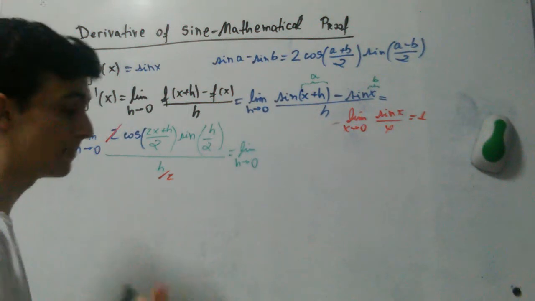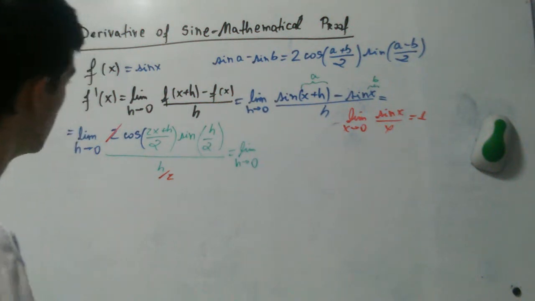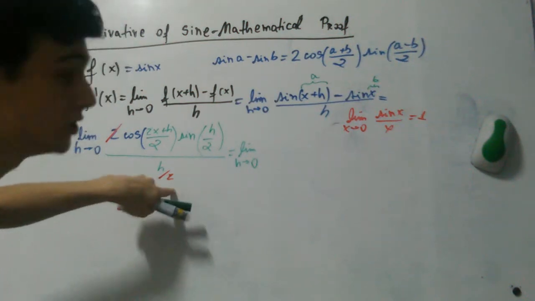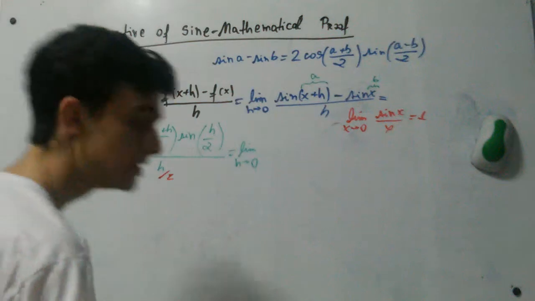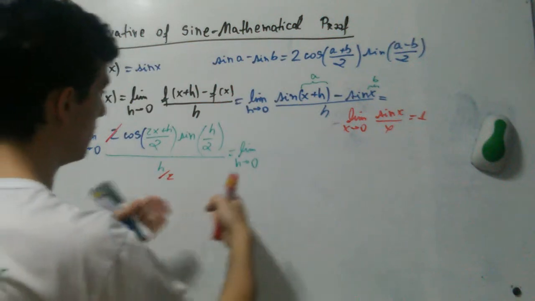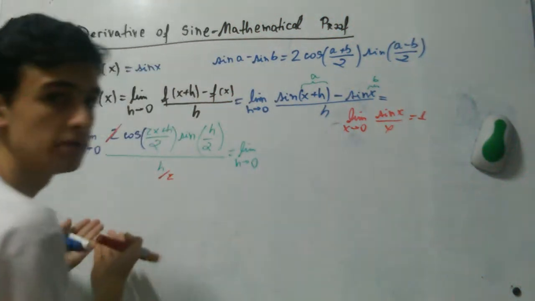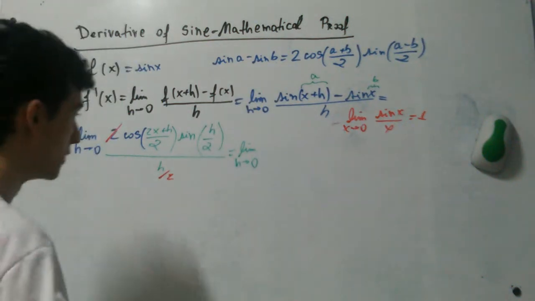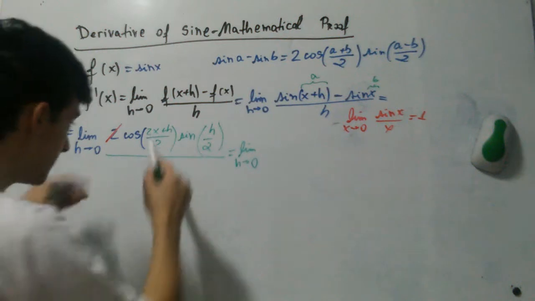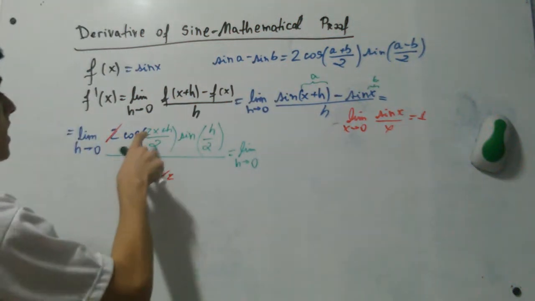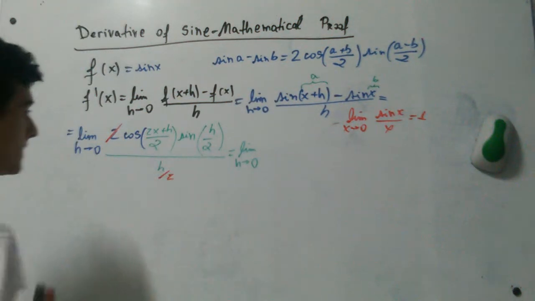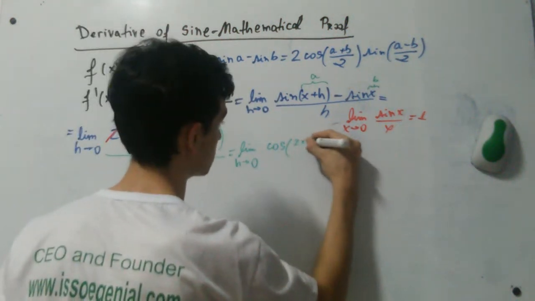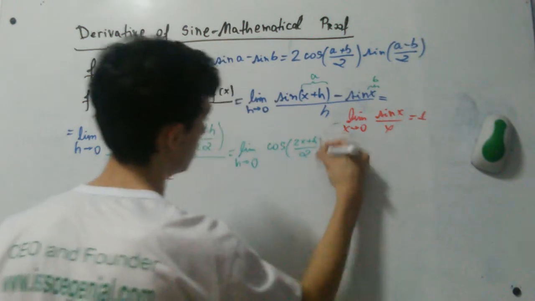Now we're going to use a property of limits. It says that the limit of a product is equal to the product of the limits of the two factors that were being multiplied. So let's write it so that it gets clearer. The first factor is the limit of cosine of 2x plus h over 2.